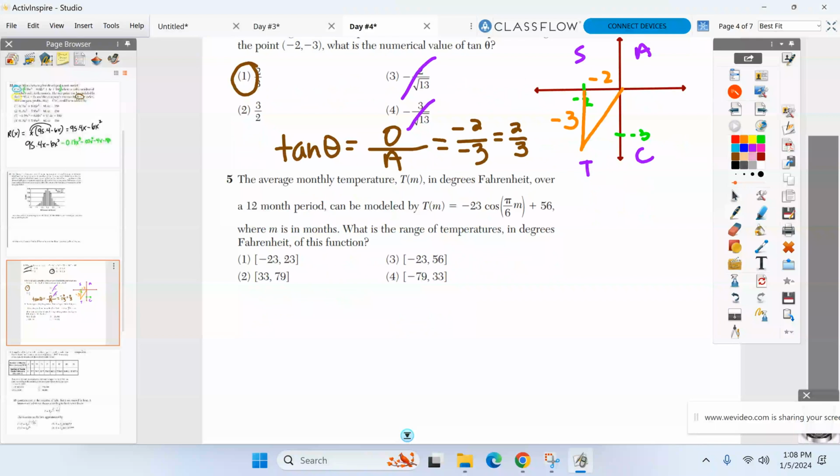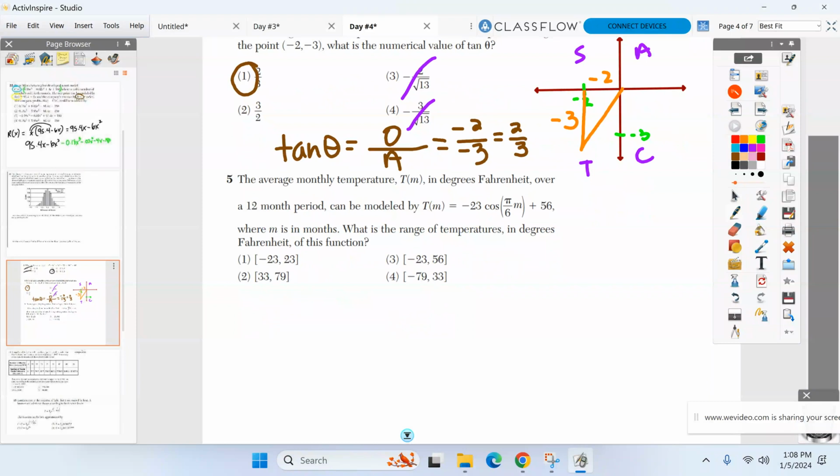Range of temperatures. I've given you that before. There's an A, a B, and a C value there, right? What's the range? How high and how low it goes, right? Ready? Let me cover up the 56.